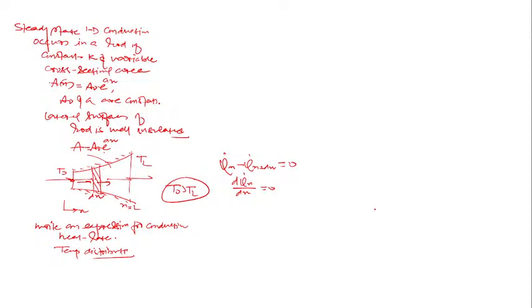In this case the same concept we should use here. Again if you use d by dx, what is qx, minus k into, from Fourier's law, k into a into dt upon dx is equal to 0. K is constant, that I can take outside.